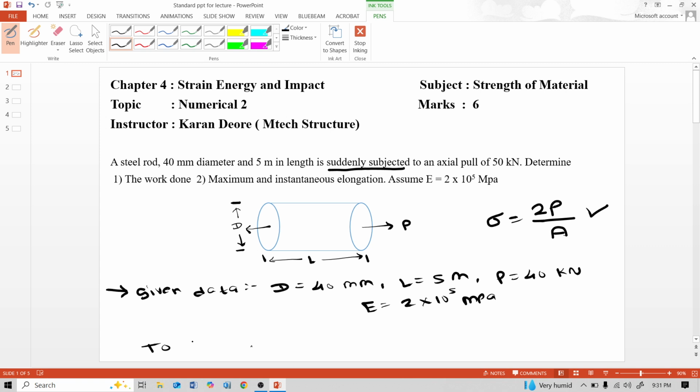And to find is work done, that means strain energy, and strain energy is denoted as U.